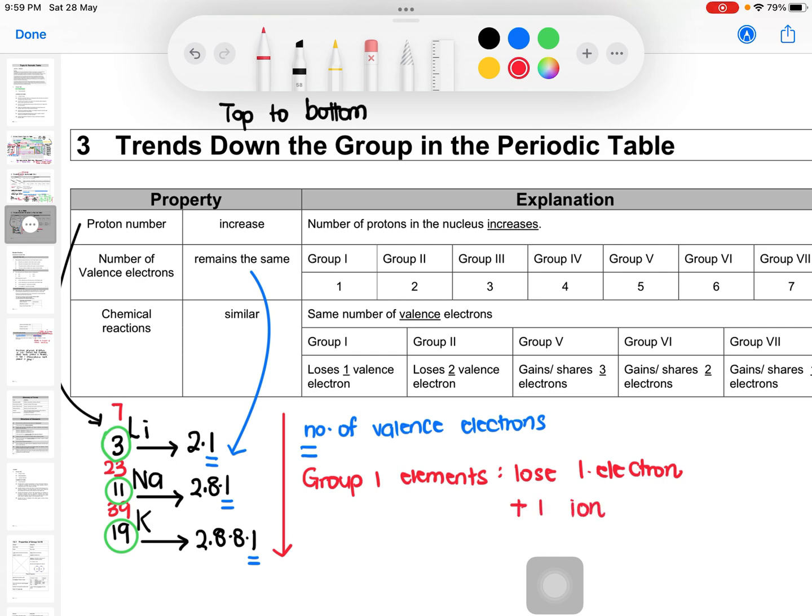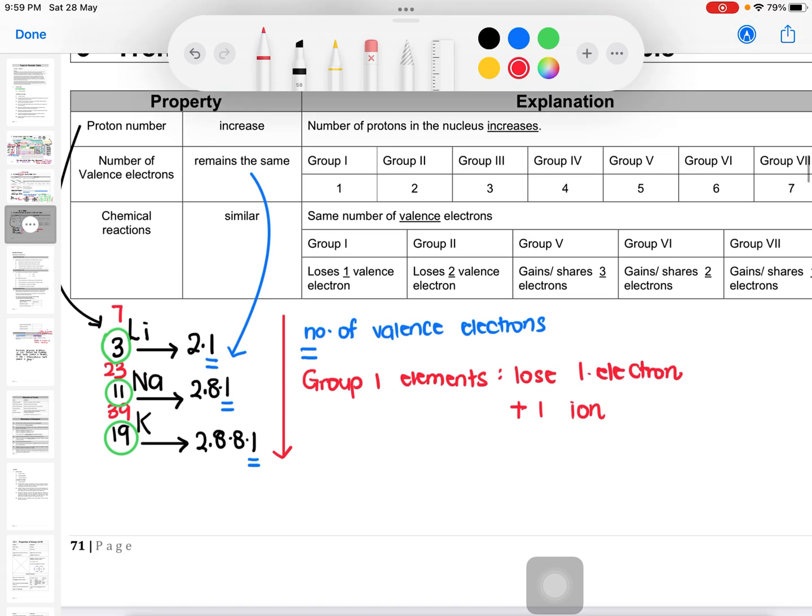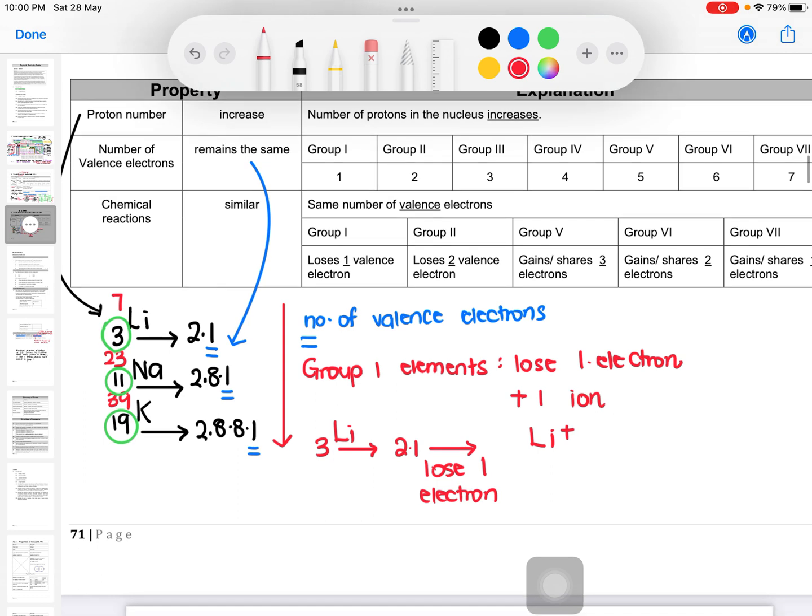For example, lithium is 3, so you have electronic structure 2.1. The process is I will lose one electron, so I will form Li plus. Always remember the number of electrons you lose will indicate the charge.